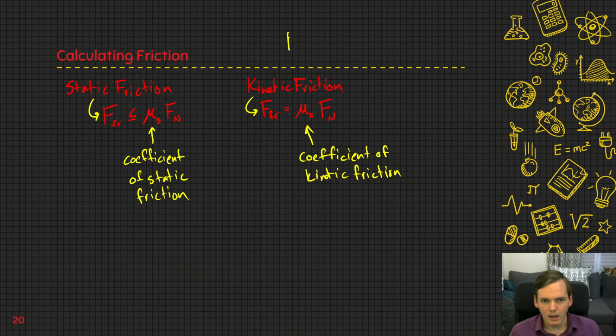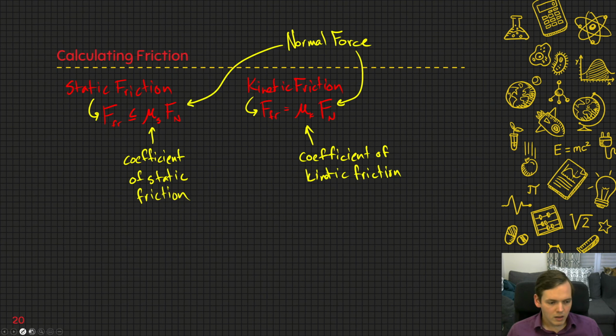And then Fn is the normal force for how tightly these two are forced together. So the mu, we said, is the coefficient of friction. And that will represent the roughness.